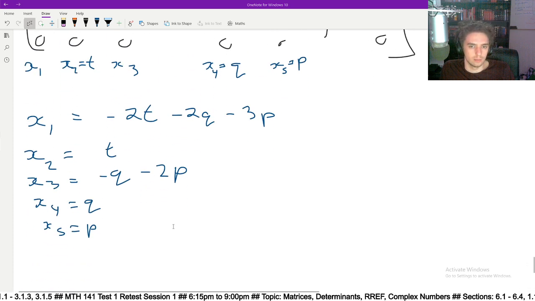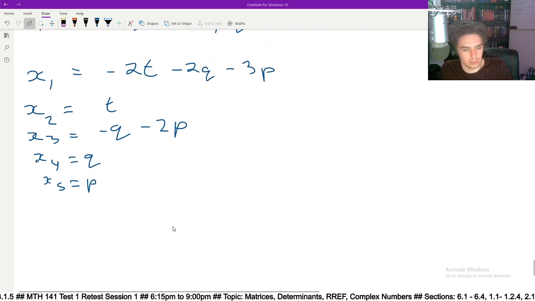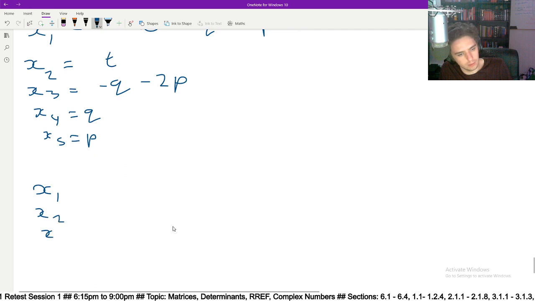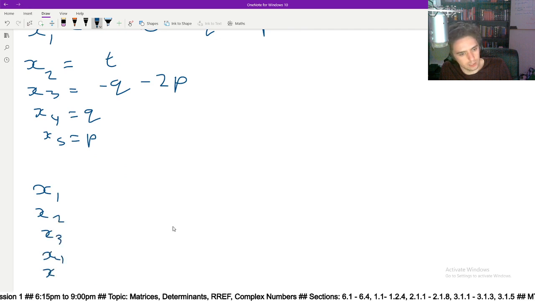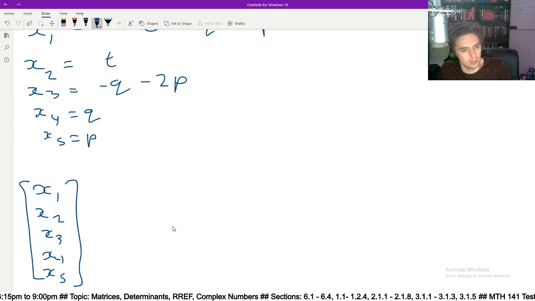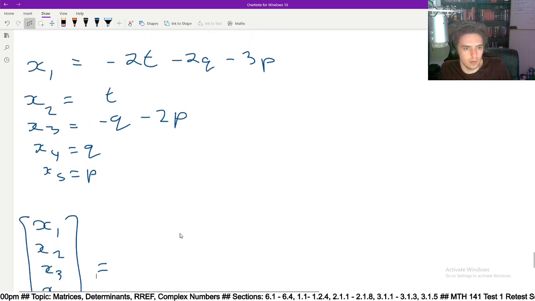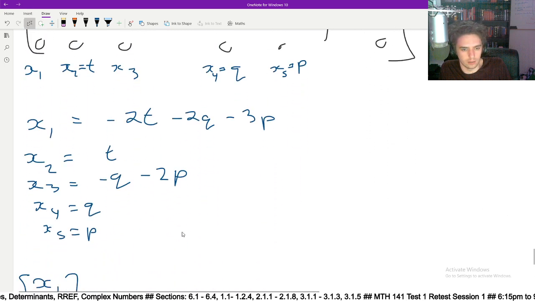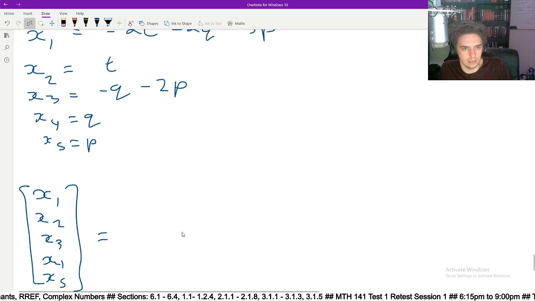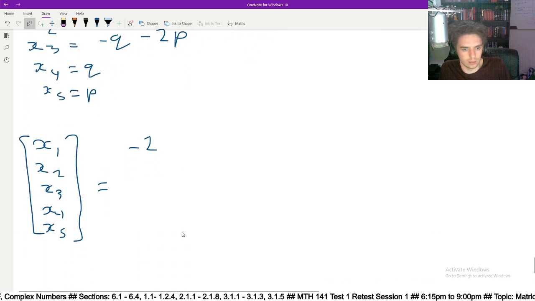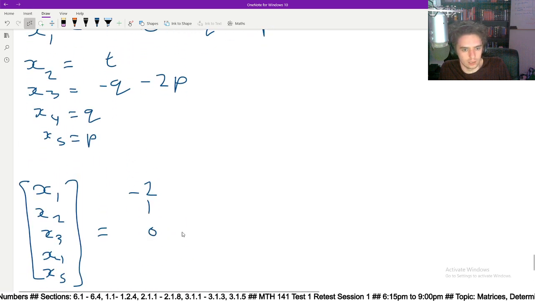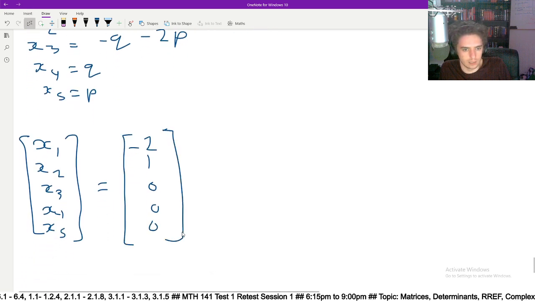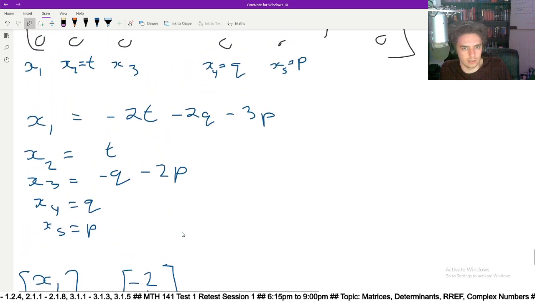I can express this as a linear combination because we can just put all our variables in a vector, and that can be equal to each parameter one at a time. There are no constant values here, right? So let's start with the t's. The first one has minus 2, 1, 0, 0, 0, and so it can be written as t times that, plus, next let's do q.